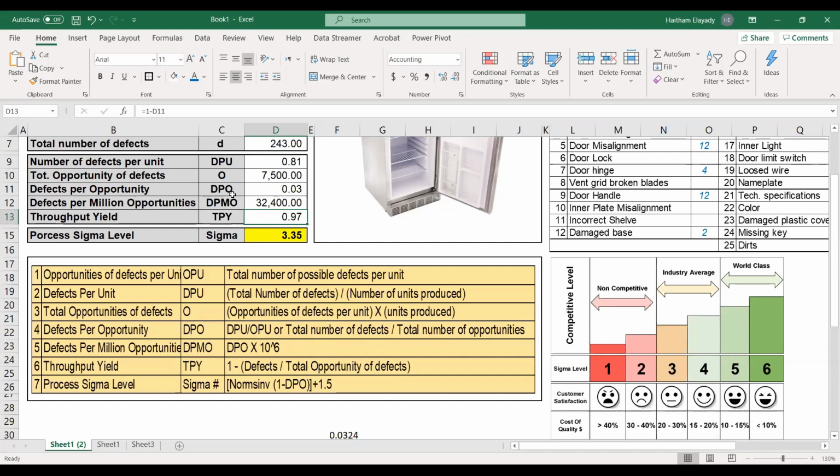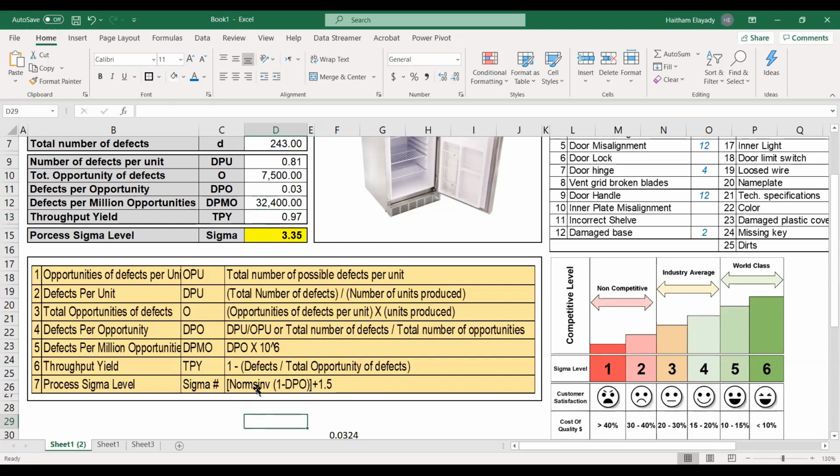So the DPO here is 0.03. If you follow the formula, 1 minus 0.03 will give you 0.97. From the TPY formula, we can calculate the sigma level.